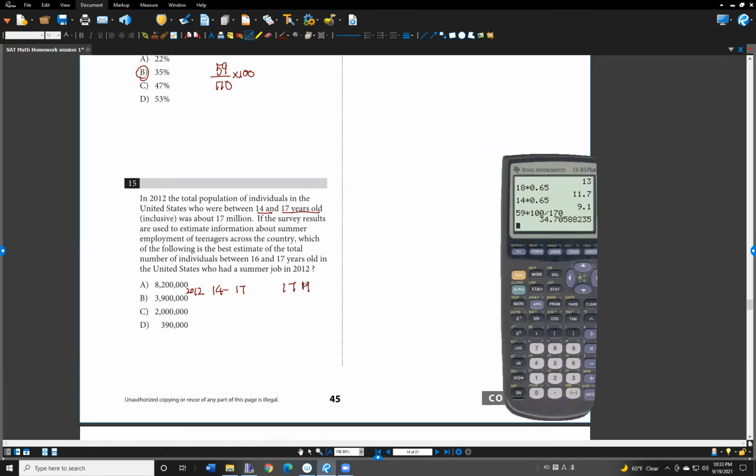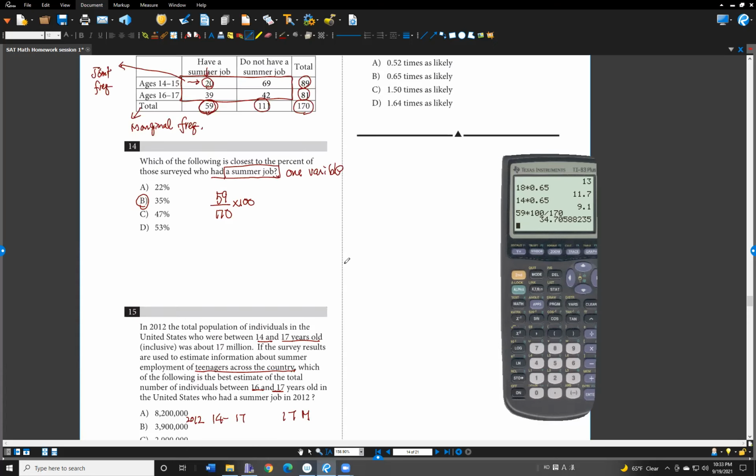The survey results are used to estimate information about the summer employment of teenagers across the country. Which of the following is the best approximation of the total number of individuals between 16 to 17? Okay. We're gonna use this one, okay?